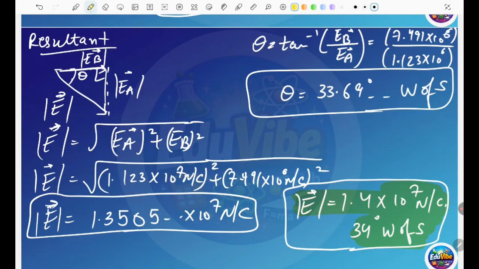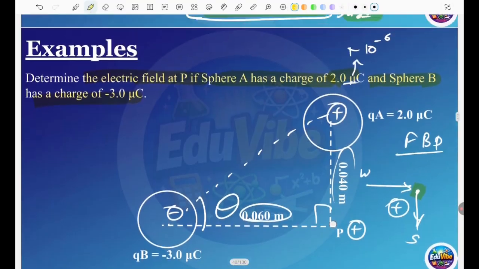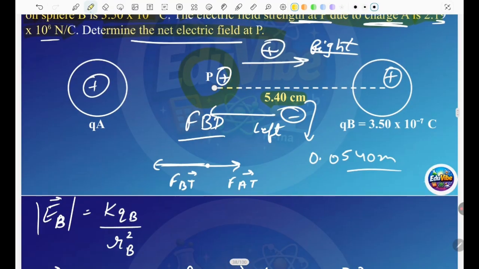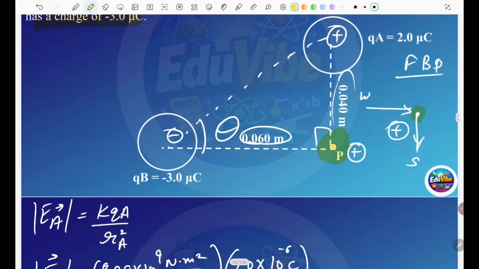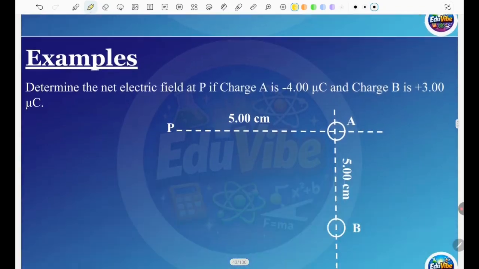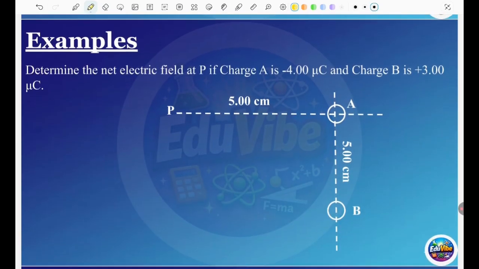That's how you find this when you get the more complex one. Always you can see that P is in the center. Here P is in the center, and here again P is in the center. But if P is not in the center, like on either side of the space, like this one, then when you get this type of question, the thing starts when you calculate your vectors.